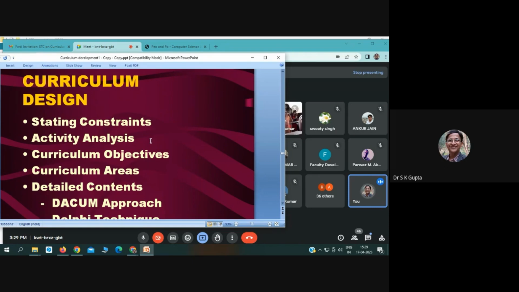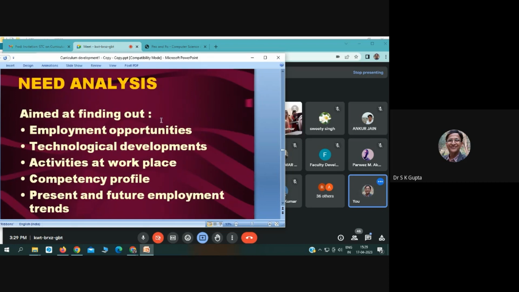Then we do the activity analysis. In this need analysis, we work out what the activities of a student, a pass out student, will be.